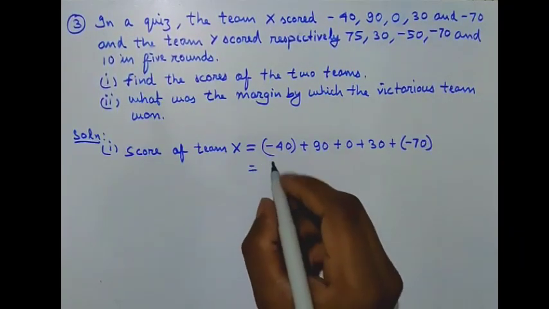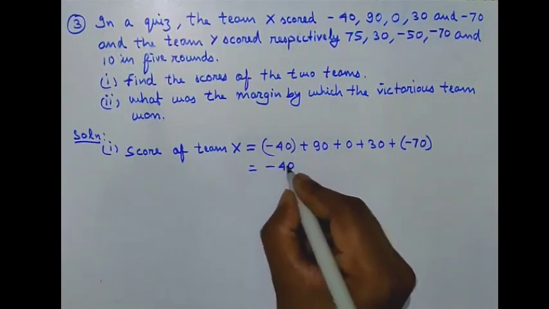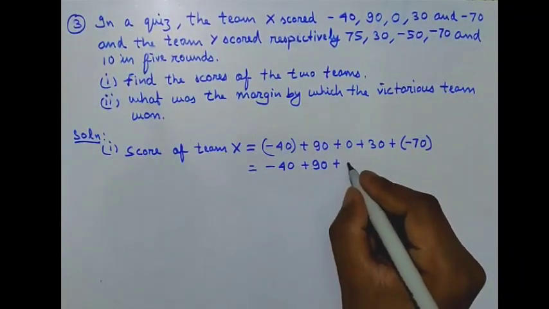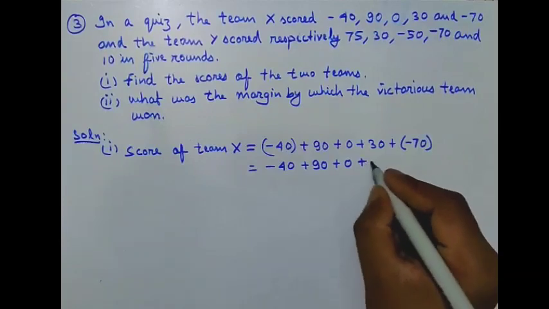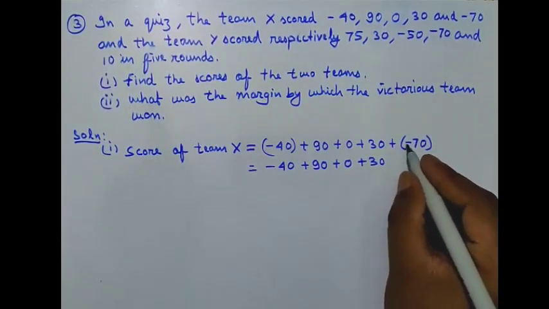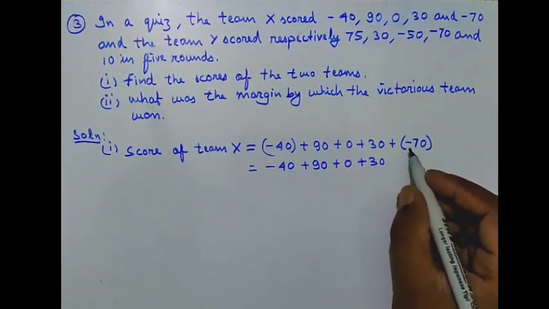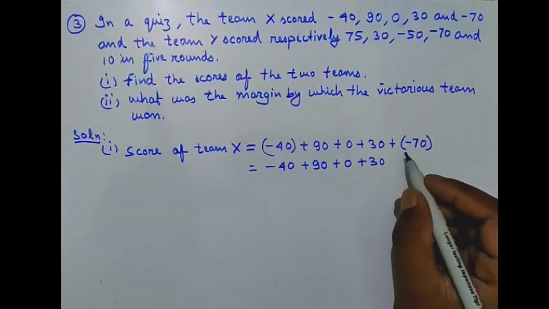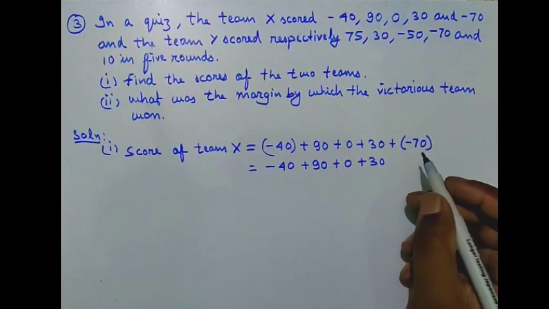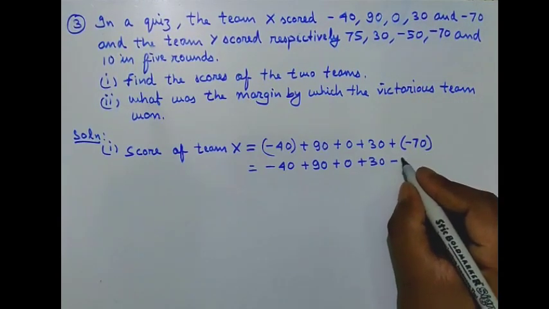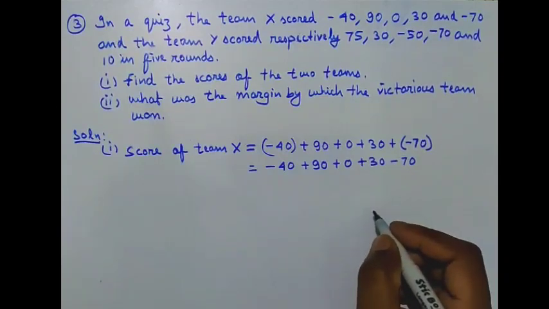Now what will it become? So negative 40 will remain negative 40, positive 90, then 0 plus 30, then negative and a positive sign. So it is like multiplying. So when you multiply a negative integer by a positive integer, the result is negative. So here when we open the brackets, the result will be negative 70.